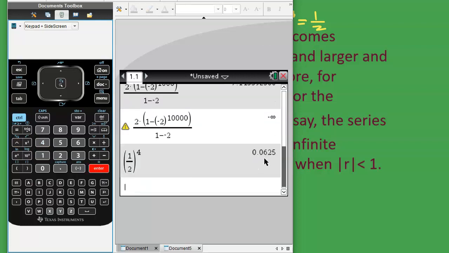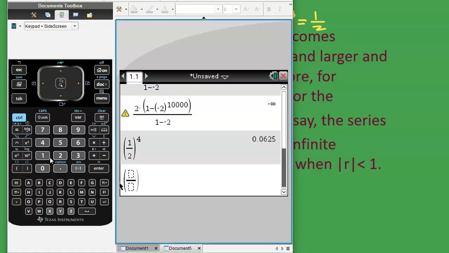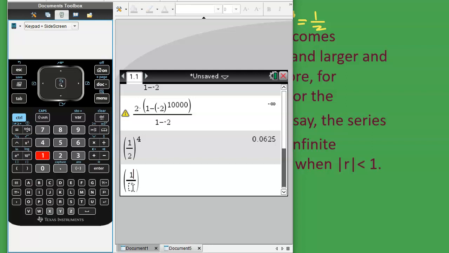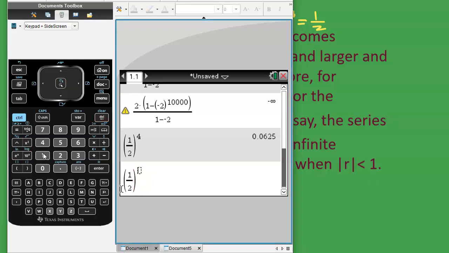It is 0.0625. Okay. Now I take half to the power of 10.